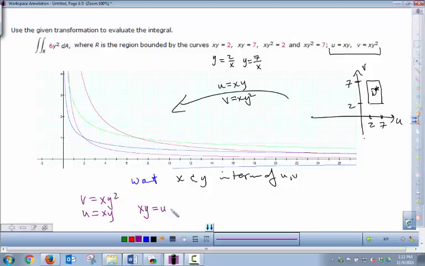So v equals u times y. So y equals v over u. Does that make sense?